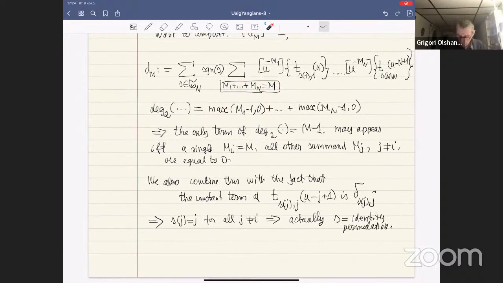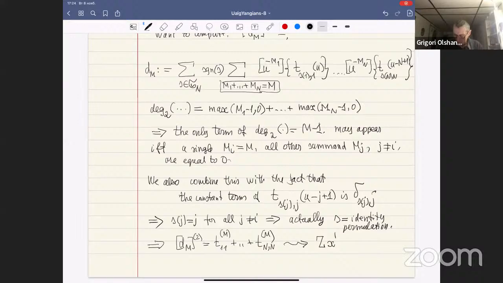And it follows that the highest degree term is very simple. It is this one. So it corresponds exactly to this.